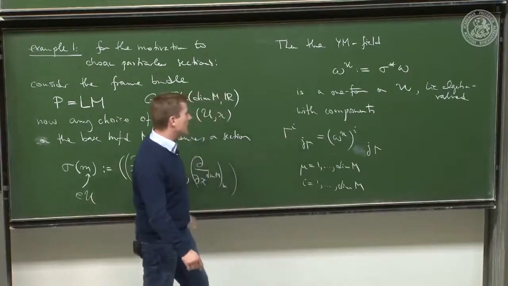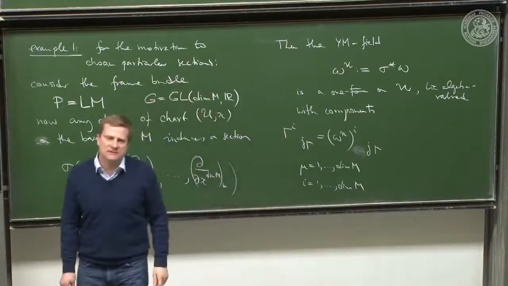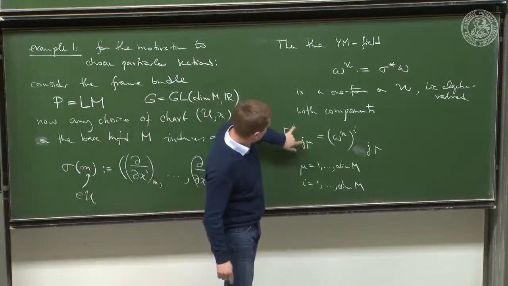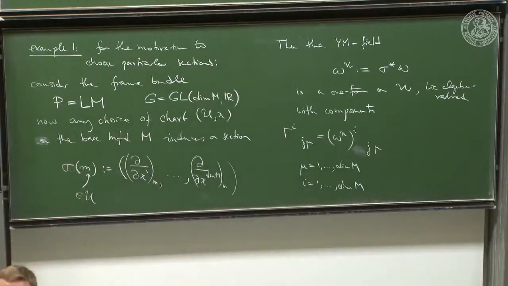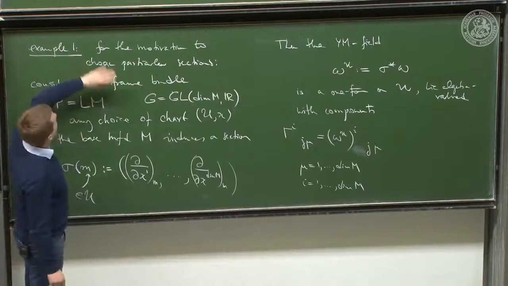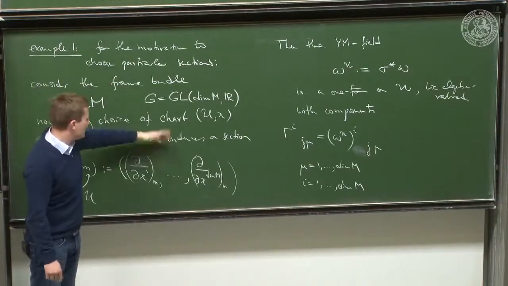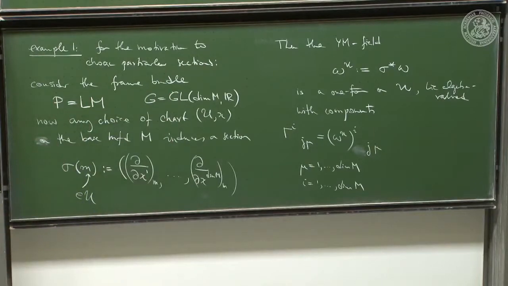But these are the ones from more naive differential geometry. These are the gammas. So these indices have different logical status, even if they run over the same range. Okay? So that's an example of how these Yang-Mills fields come up by choice of a section, and for the frame bundle, this is immediately induced by a choice of coordinates, for instance. Okay? So you don't only choose the region. So that was the first example.